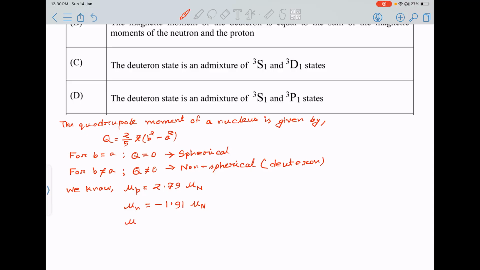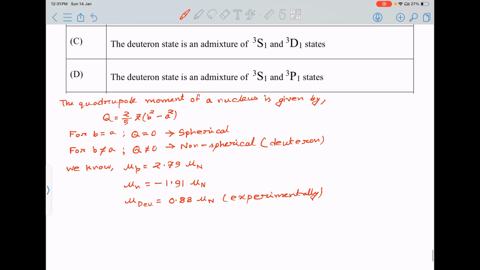Also, the magnetic moment of deuteron experimentally is 0.88 mu n. So this is an experimental result, and it is known from the theory of the deuteron.